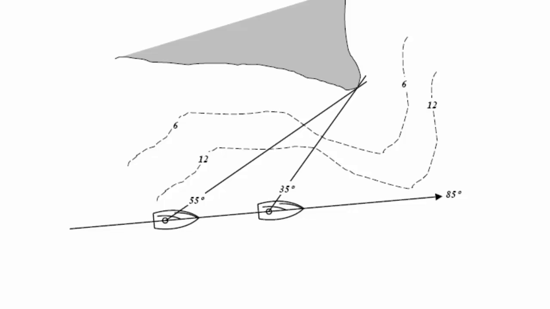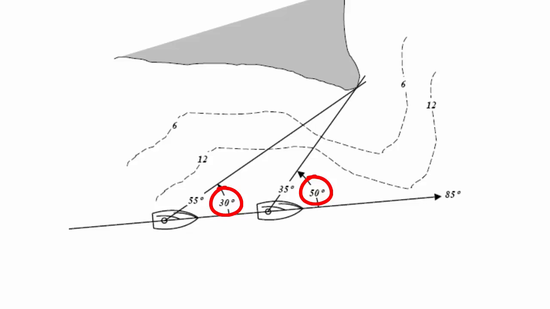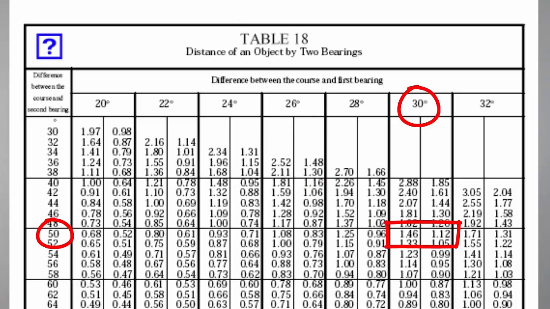In the first example in the beginning of this video, we were able to take bearings on the point of land at any time of our choosing, convert these bearings to bow angles, and look up these bow angles in Table 18 to obtain the two multiplier factors. The result of this is that we could shoot the bearings on the point of land at any time with the knowledge that we'd be able to find the resulting bow angles and multiplier factors in Table 18.